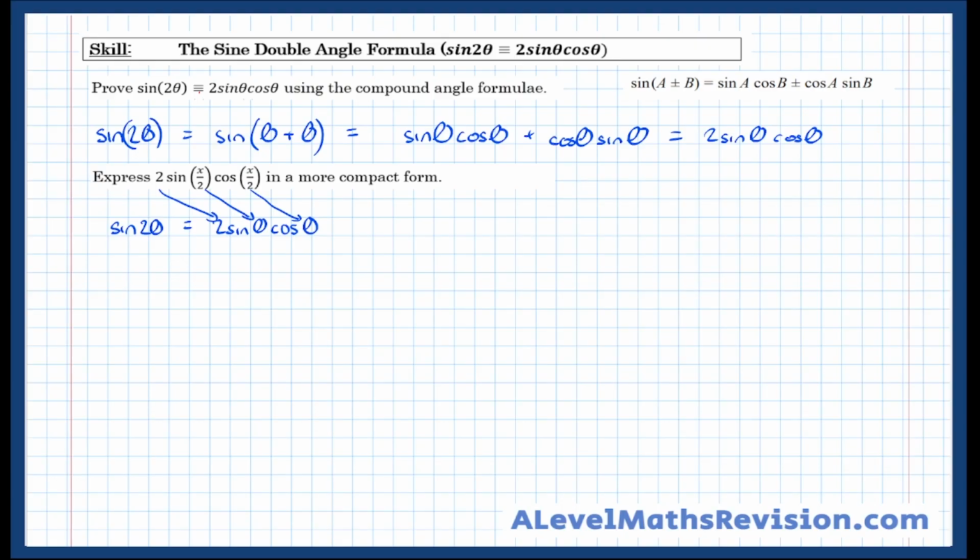Therefore, this must be equal to sine of 2 times that thing. So sine of 2 times x over 2, which is just sine of x. 2 sine x over 2 cos x over 2 is just sine of x, using the reverse of the double angle formula.